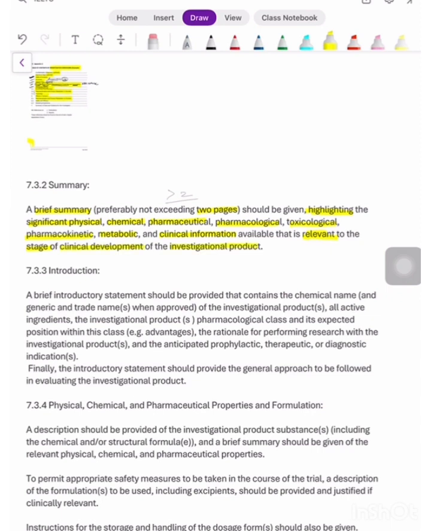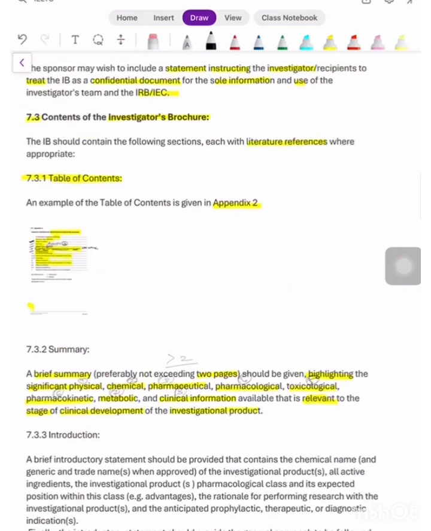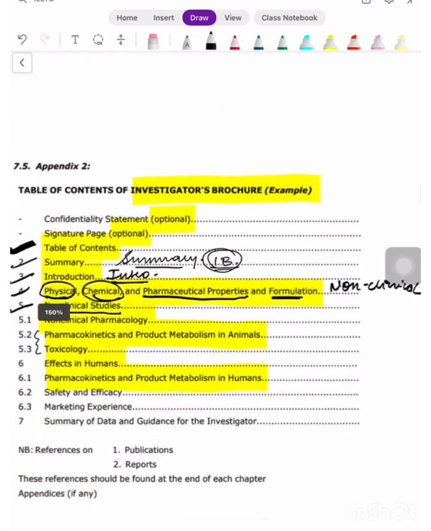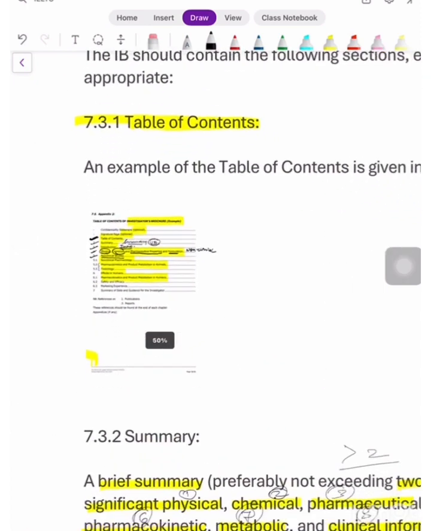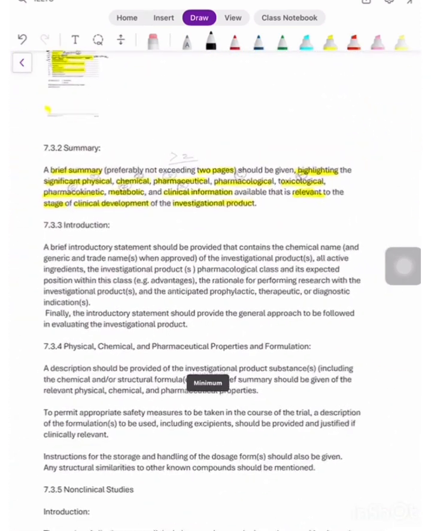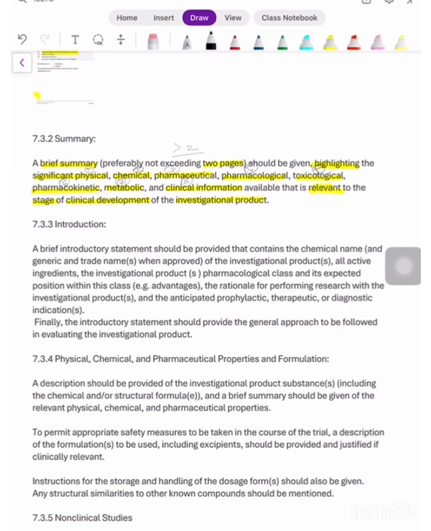Whatever is written here in the table of contents, physical, chemical, pharmaceutical, pharmacological, clinical, toxicological, a summary of all of that, not exceeding 2 pages, should be given, and all these things should be highlighted.